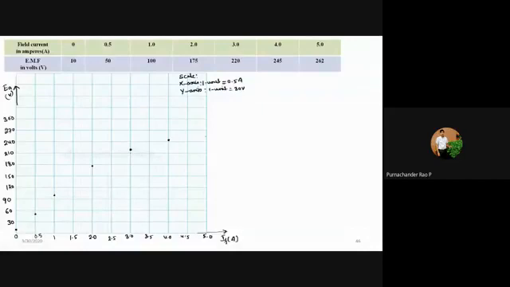So 240, 255 plus 6, 261, 58 to 64. So here, this is the point. Okay, so these are the points.